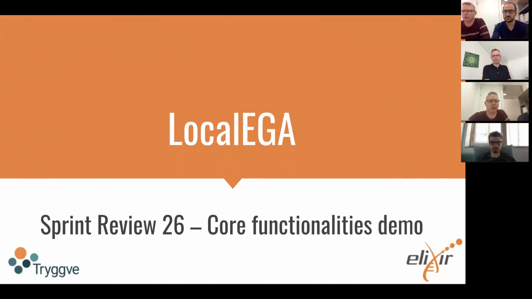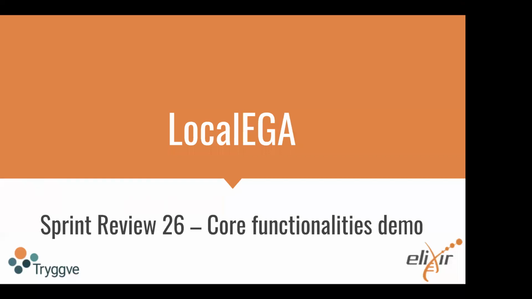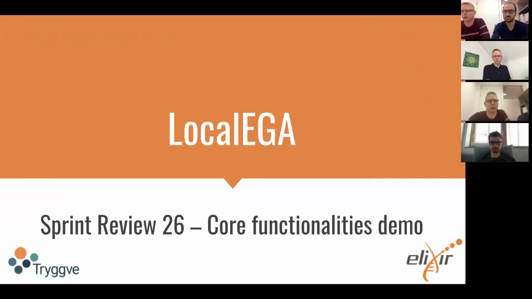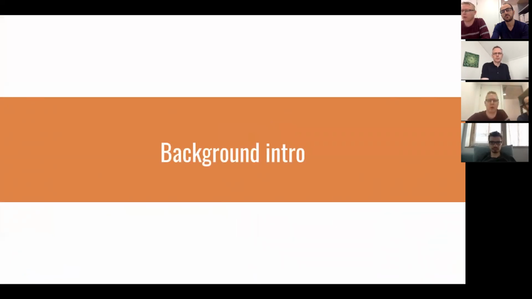One of them will be shown by Fred, and Dimitro will show the second one. And after that, we discuss a little bit what we are planning to do in the future. So, Niklas, please go ahead.